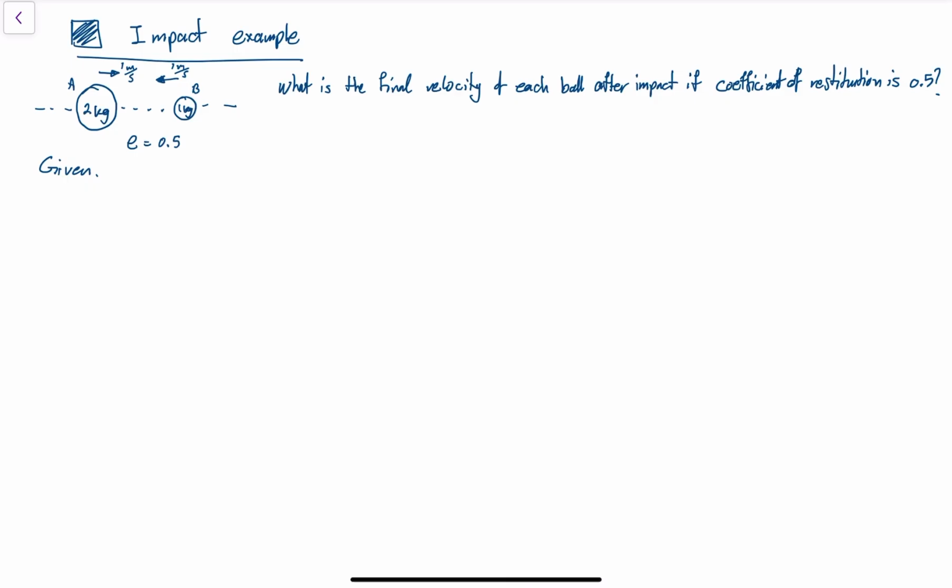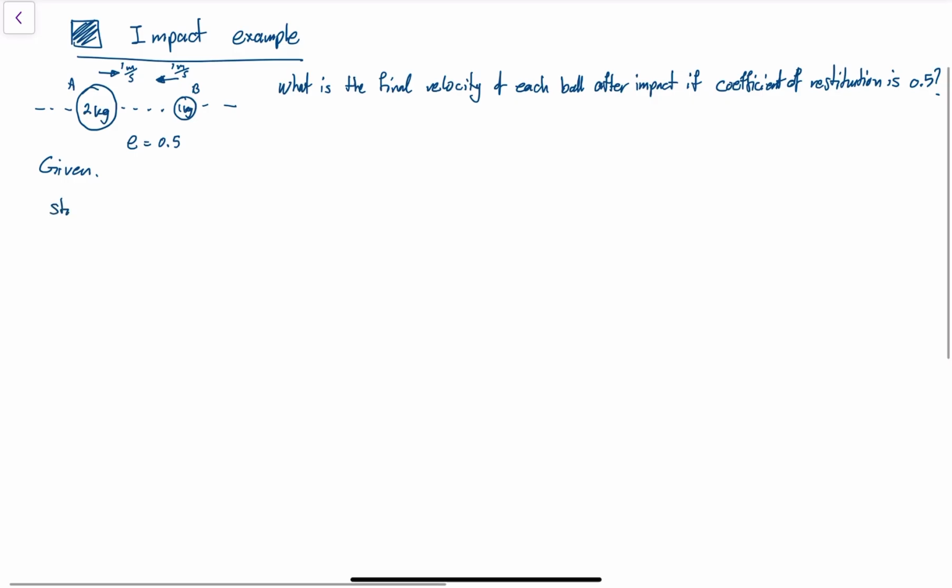This is also, as many problems we have seen so far, a multi-state and multi-phase problem. You have before impact, during impact, where a lot of things might happen, and after impact. What we are really interested in is right before impact begins and right after impact ends.